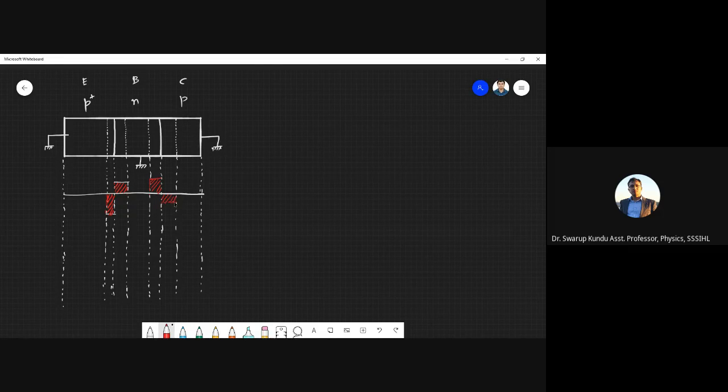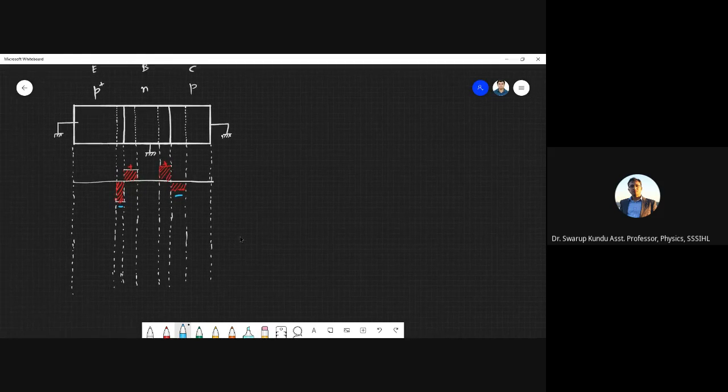Right. So here your junction width or the depletion width is more, so the concentration will be less. This height will be less. So okay, so these are basically positive, and these charges are negative, right? These are negative. This is how the doping profile, how the acceptor and donor ions' concentration varies.